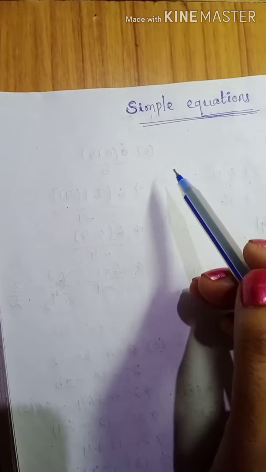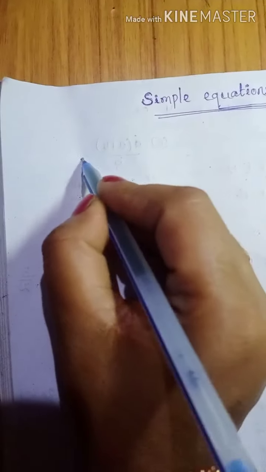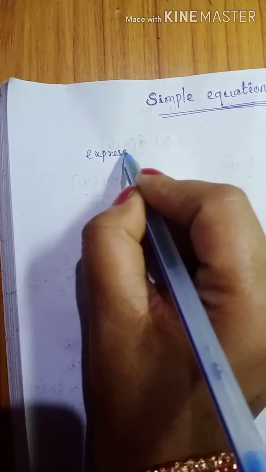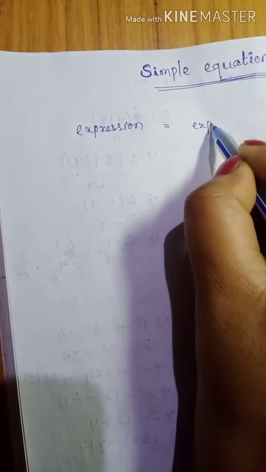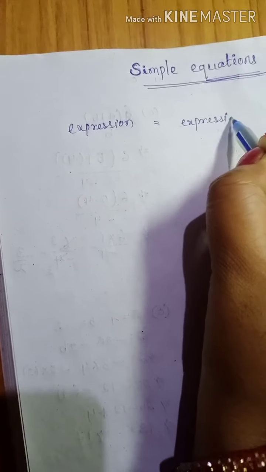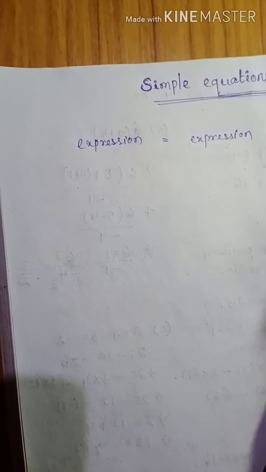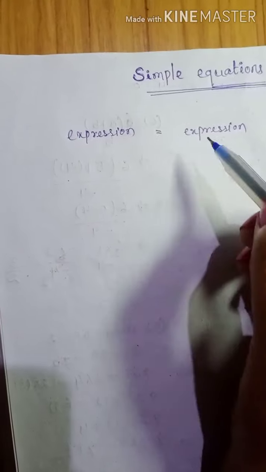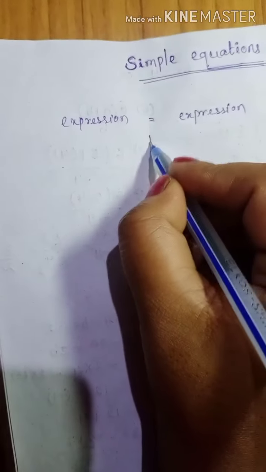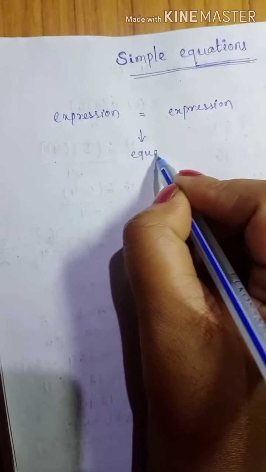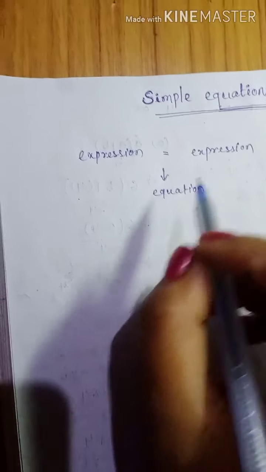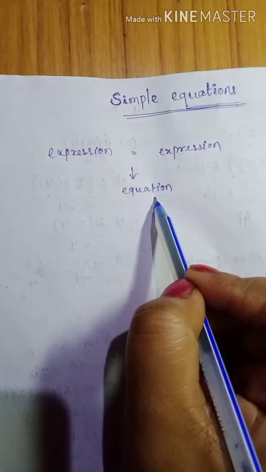If there is an expression equal to another expression in our mathematical operation, then it is termed an equation. First you have to be clear what an equation is.